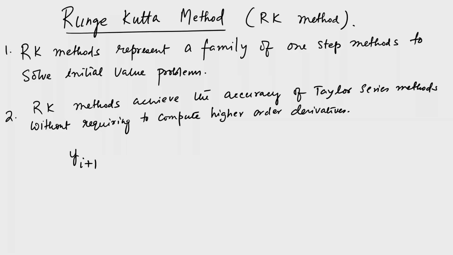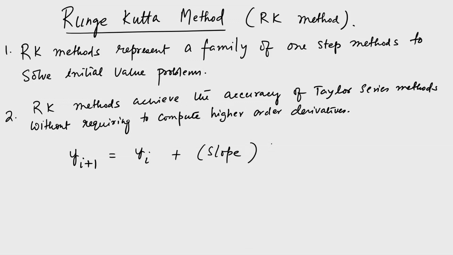So, how do we calculate the solution of an initial value problem or a differential equation using this RK method? The formula is simple. It's an iterative solution, as we have seen earlier. So, y i plus 1 is equal to yi plus a slope. I will simply write that as a slope.